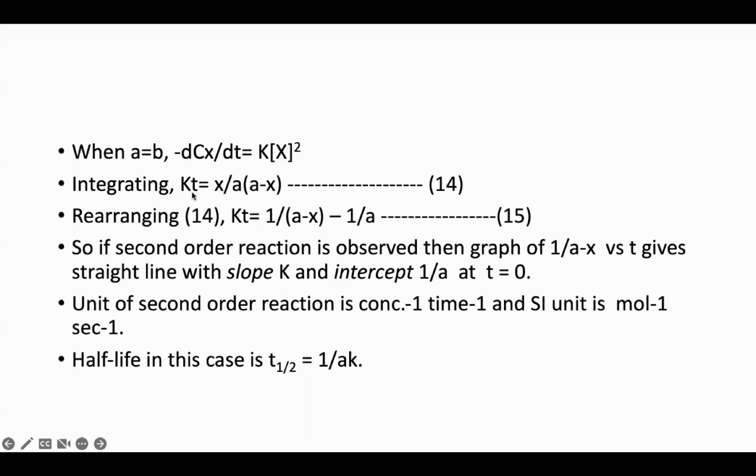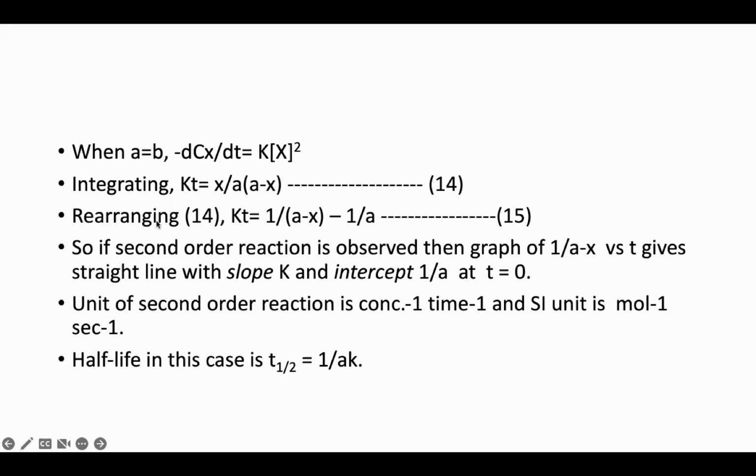Once we integrate that, we'll have Kt equal to X divided by A into A minus X. Of course, X is the amount of the drug that has already been used up in the reaction. So that's the amount that has been used up divided by A, the initial concentration, into the remaining concentration, that's A minus X.